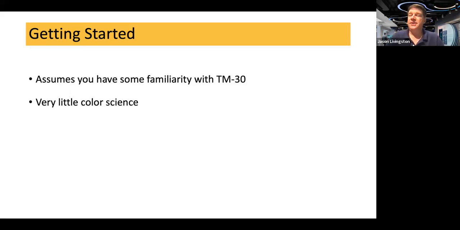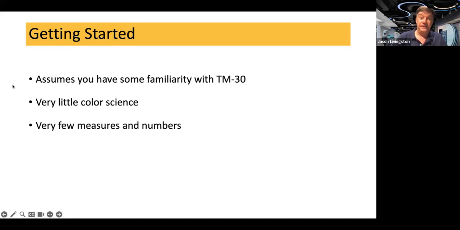Most of my TM30 discussions start with a background in color science to understand really what it is that we're doing with TM30. I'm going to skip over that today, so it's going to make it a little bit more palatable, I hope.